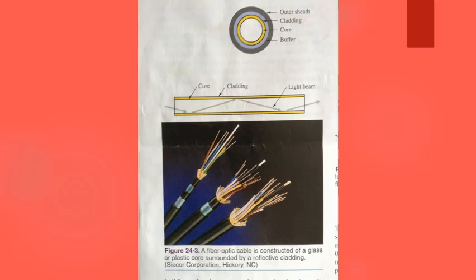The cladding and core is surrounded by a buffer area. The buffer is wrapped around the core and cladding to provide physical protection. In addition to the buffer area, waterproofing material can be inserted under the cable sheath.